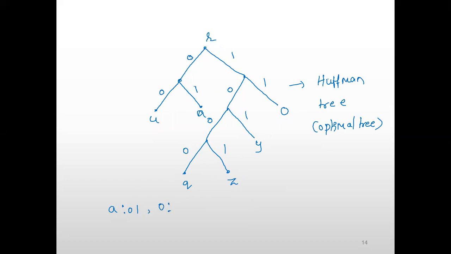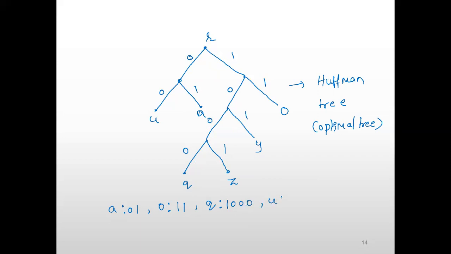We start with the root. We can traverse 1, 1 so that we can reach O. So the code for O is 11. Next we have Q. Starting from the root, we will reach Q via 1, 0, 0. So the code for Q is 100.